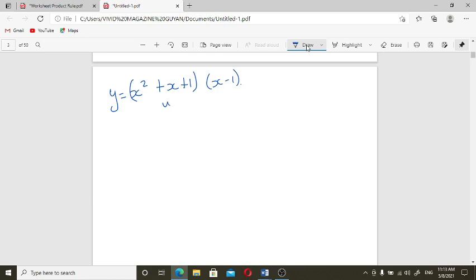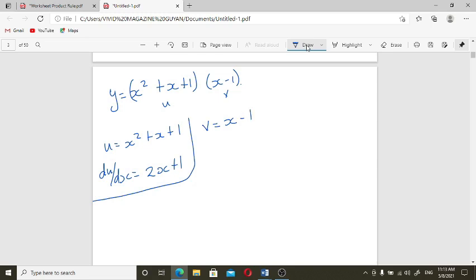So this is u and this is v. So u is equal to x squared plus x plus 1, du over dx is equal to 2x plus 1. V is equal to x minus 1, dv upon dx is equal to 1.